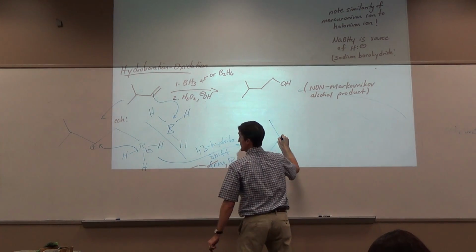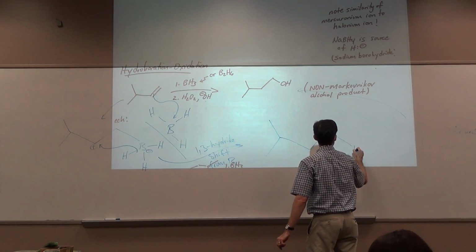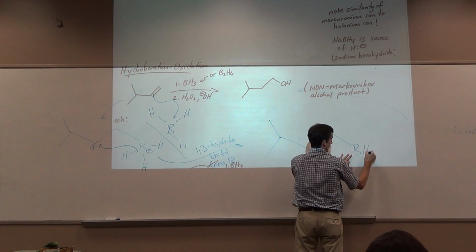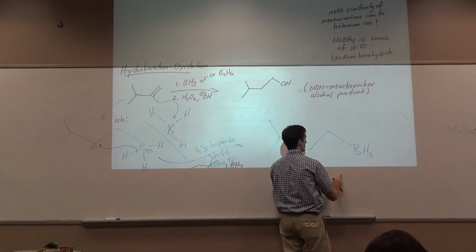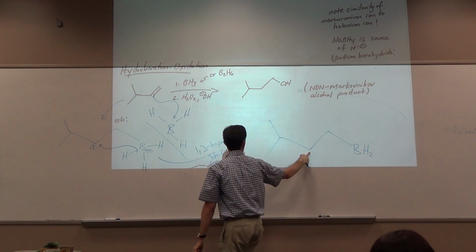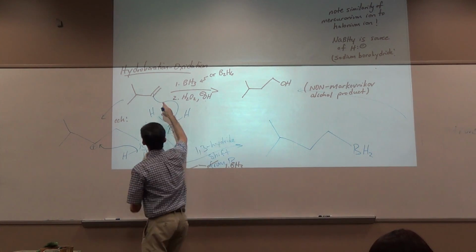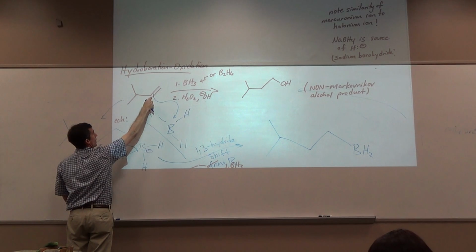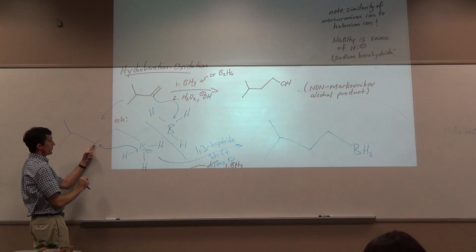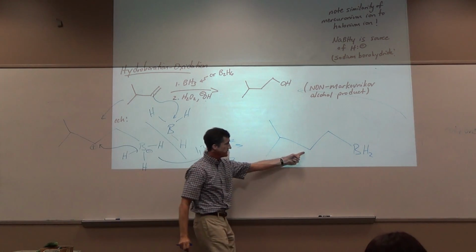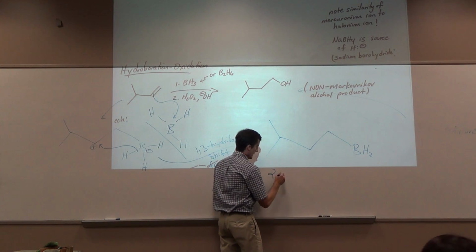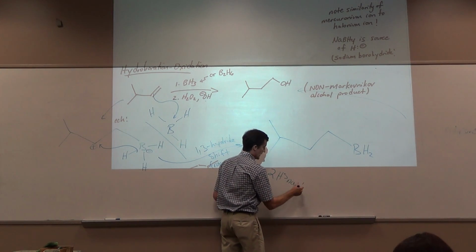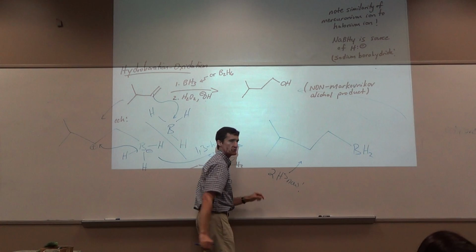Boom, boom, boom, boom, boom. This is now what? BH2 and it's neutral. How many H's here on the second carbon? How many there to begin with? 1. There's 1 there, but how many there now? 2 H's there now.